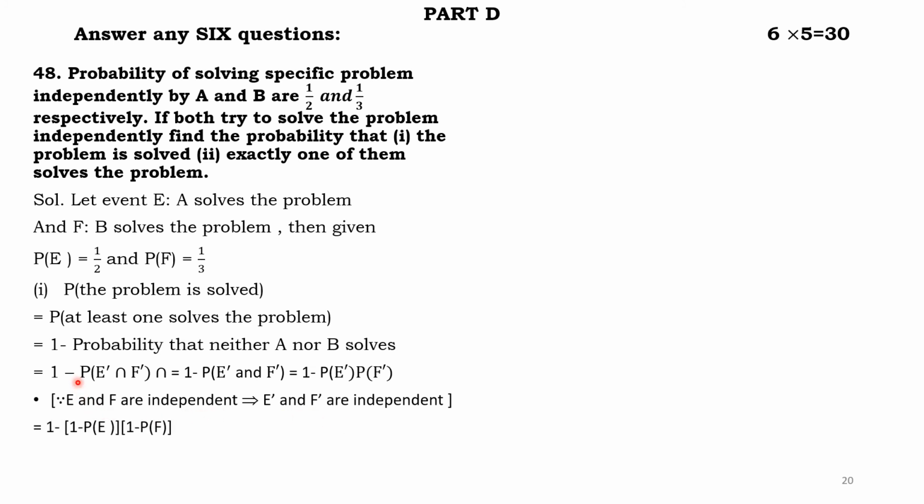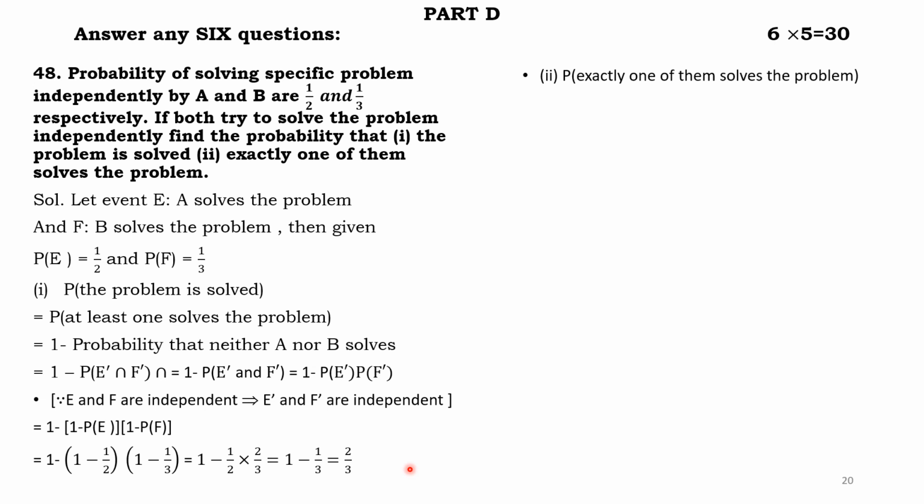Therefore, that is 1 minus probability of E into 1 minus probability of F. That is 1 minus half into 1 minus 1 by 3, that is 1 minus 1 by 2 into 2 by 3, that is 1 minus 1 by 3, that is equal to 2 by 3.